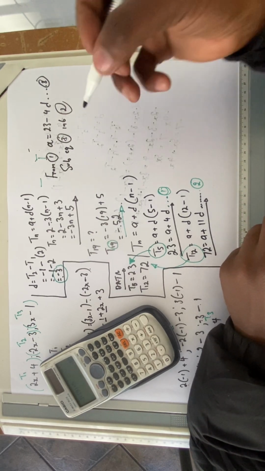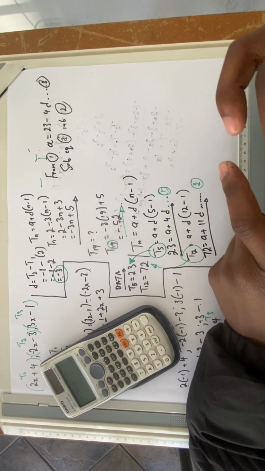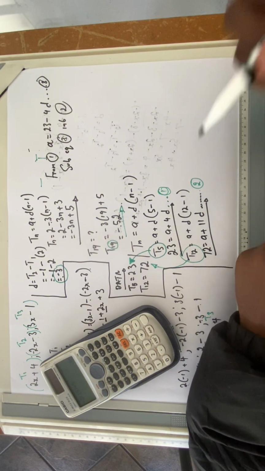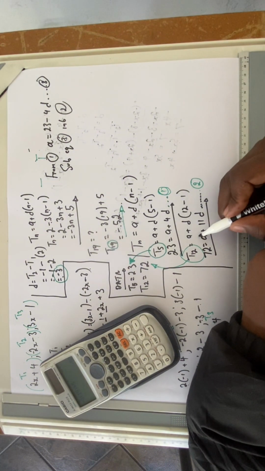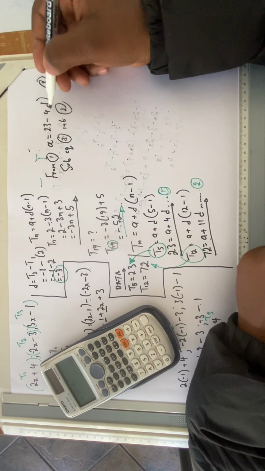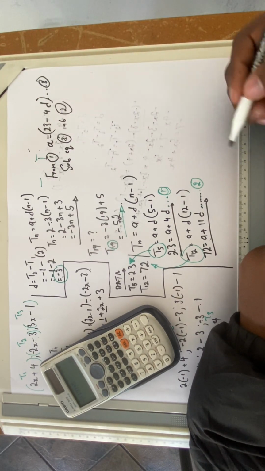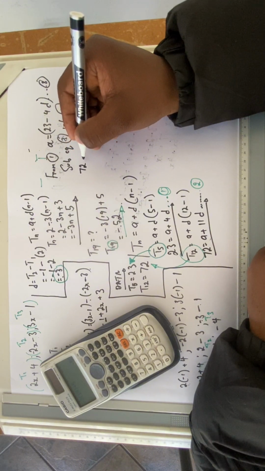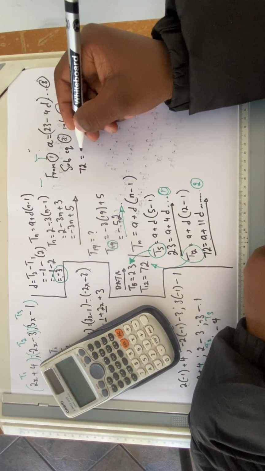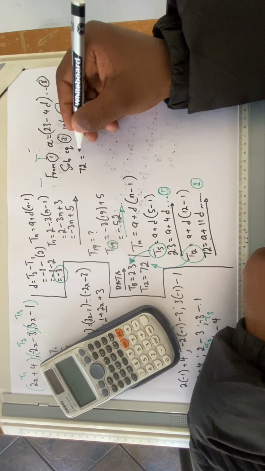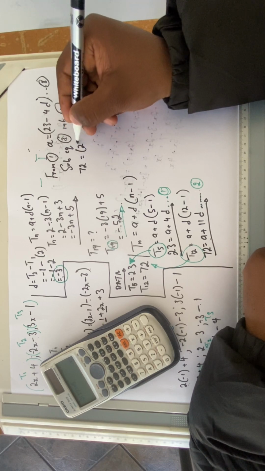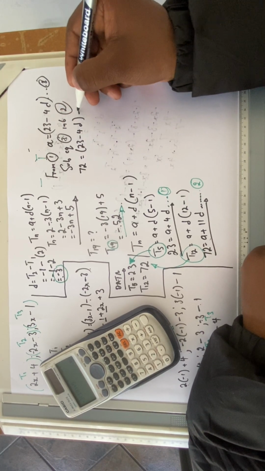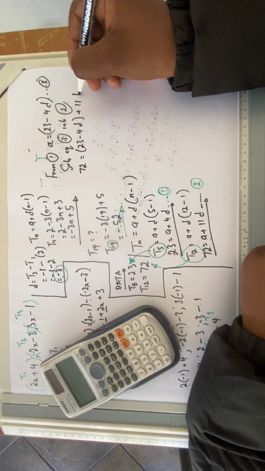So I go to equation number 2. Where there is A, I'm going to put this: 72 equated to 23 minus 4D, close bracket, plus 11D.